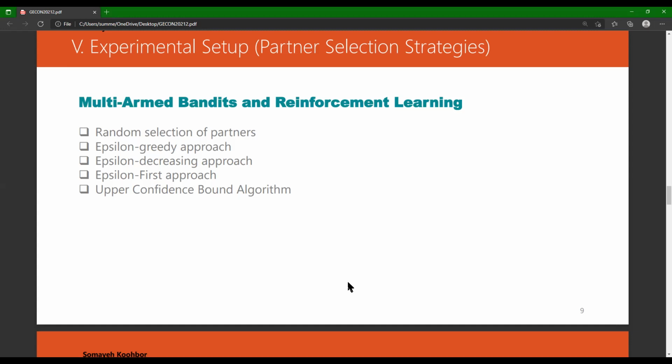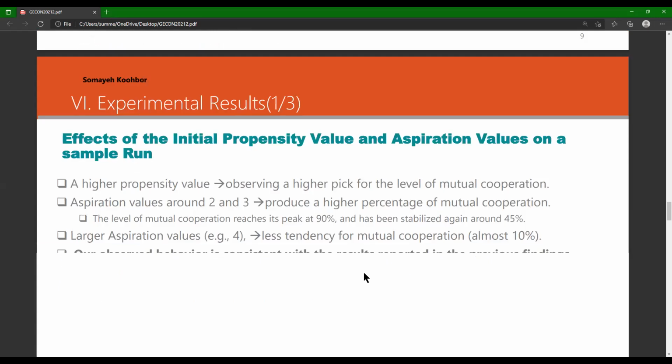And that's because the algorithm assumes you don't know this partner very well, so you should do more to learn more about this. And if you keep doing more and then the average payoff is low, then probably that's something that you should put aside and keep interacting with other partners.